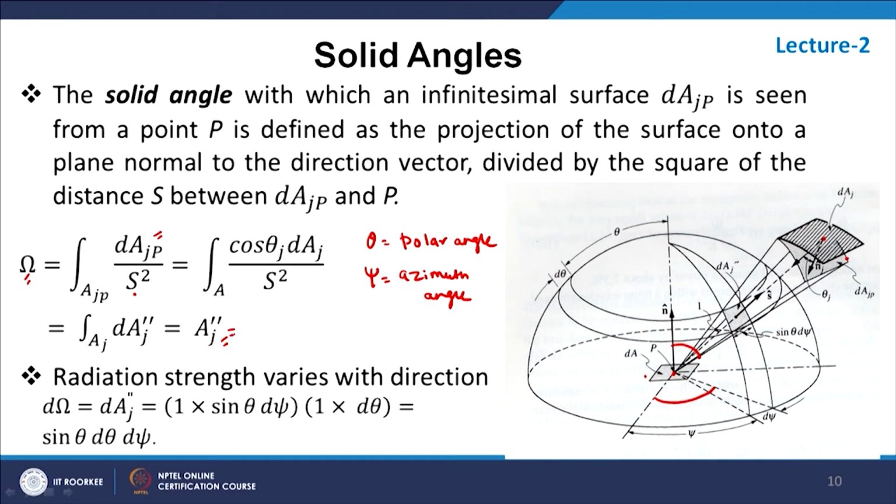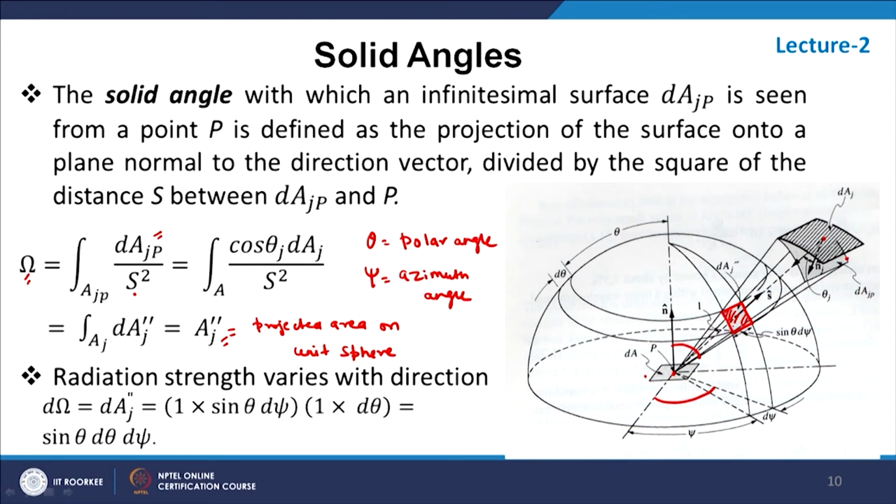So, Aj prime is the projected area on the unit sphere. When we take this projected area on the unit sphere, the solid angle will be equal to the projected area itself.